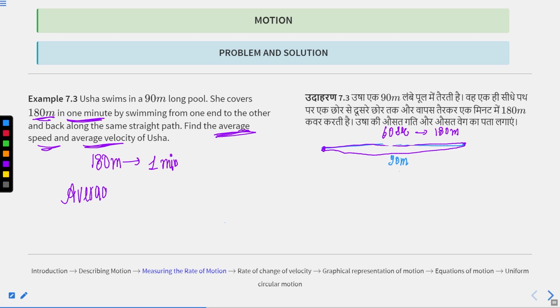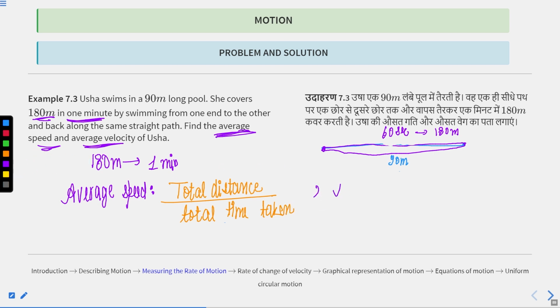And what is the formula of average speed? Average speed is total distance divided by total time taken. And what is the formula of average velocity?